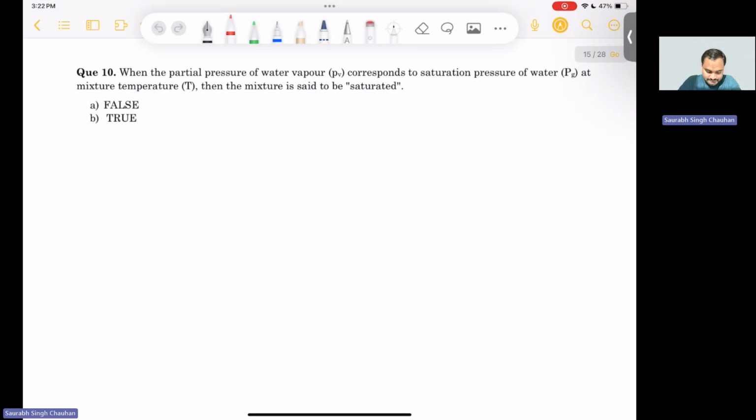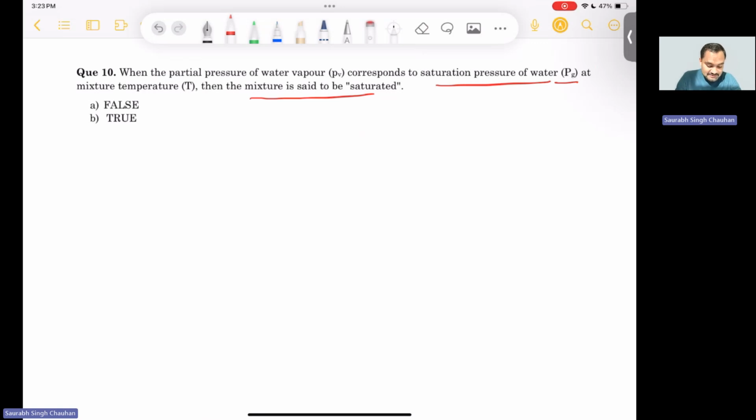Question number 9 says, when the partial pressure of water vapor corresponds to saturation pressure of water at mixture temperature, then the mixture is said to be saturated. So we have to tell whether this statement is true or false.